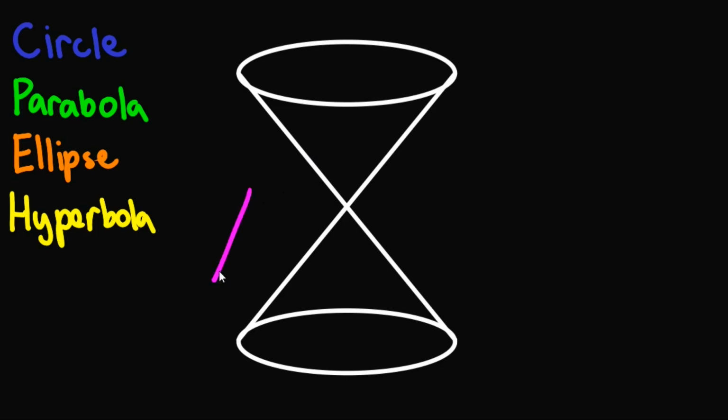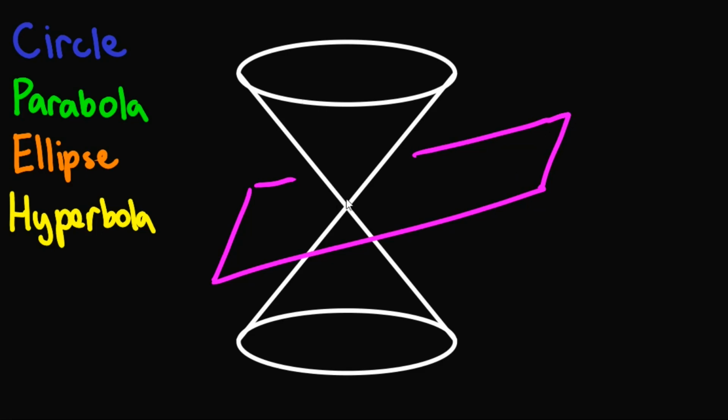If we cut this figure exactly and it hits exactly at the vertex, then what we get is a point. So again, when we have a point, we don't really need to dive into that, since it's not that interesting to study compared to these four out here. So let's just write that one down.